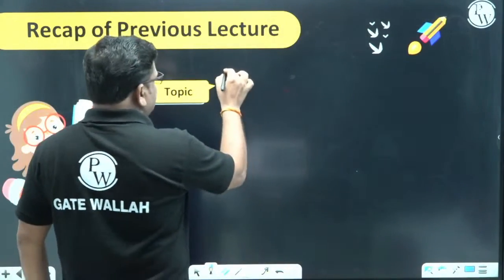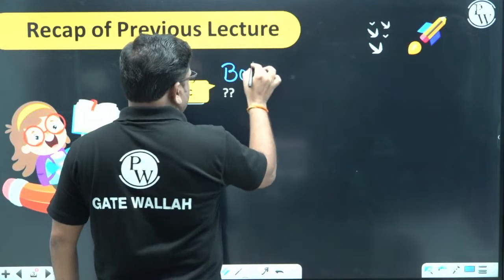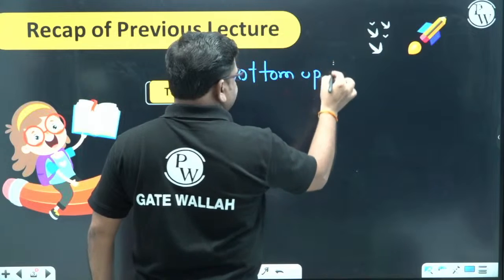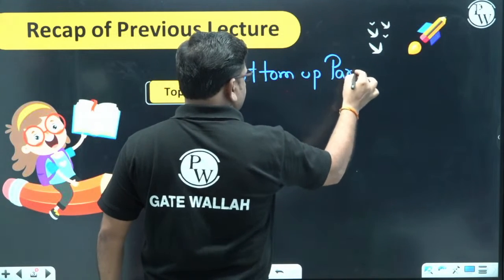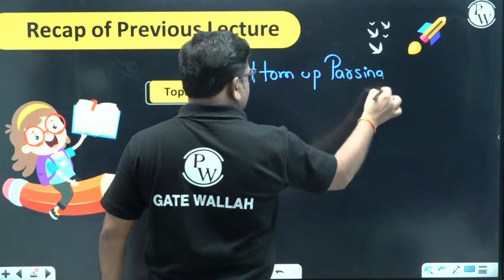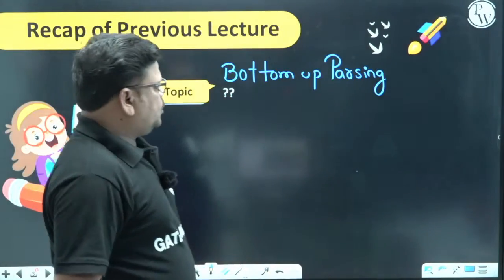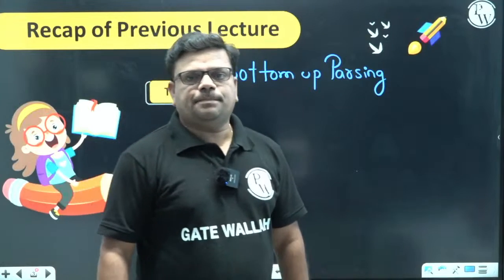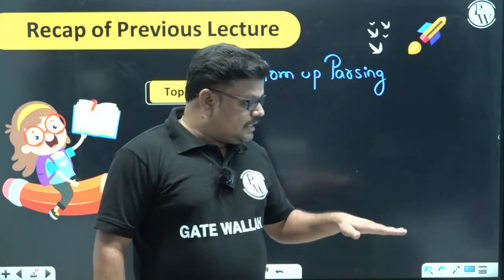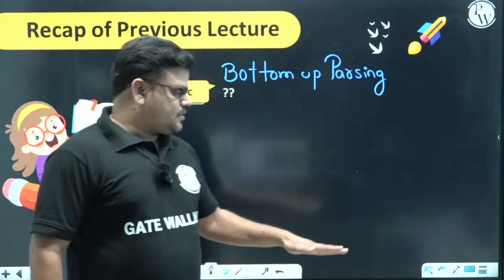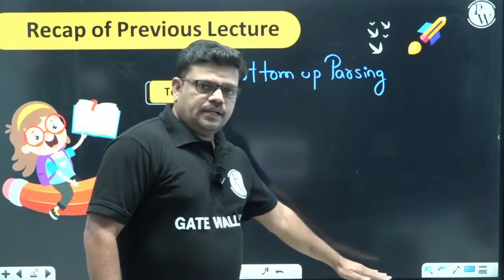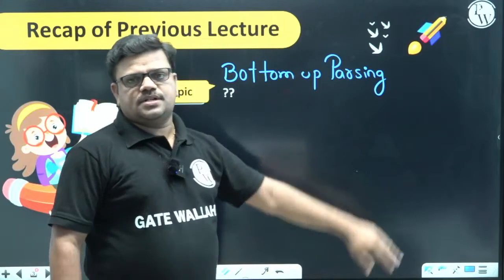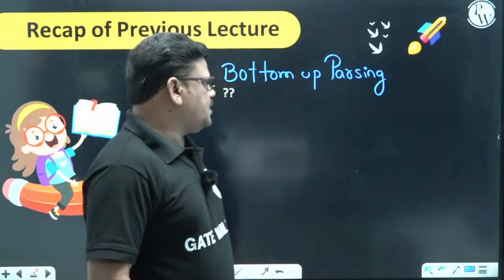So what is bottom-up parsing? A bottom-up parser constructs parse tree, starts at the string, proceeds towards starting symbol. That is bottom to top construction is happening. That is what we have discussed already.